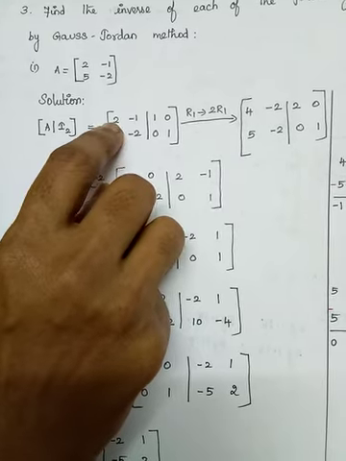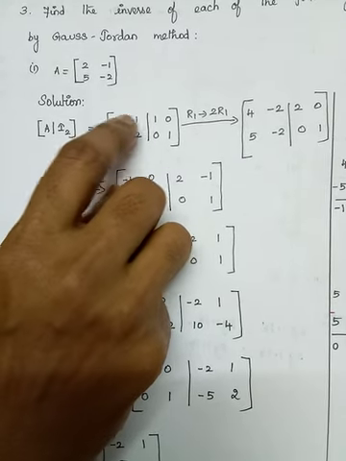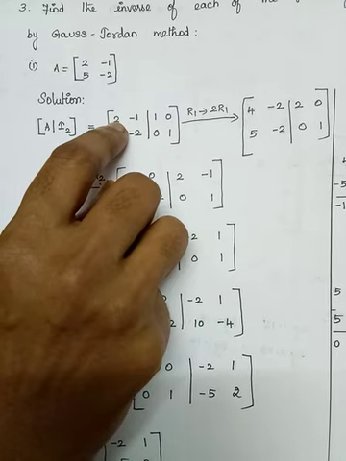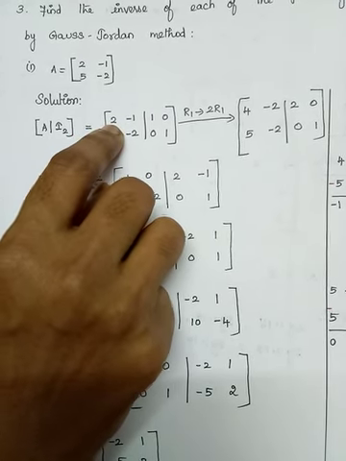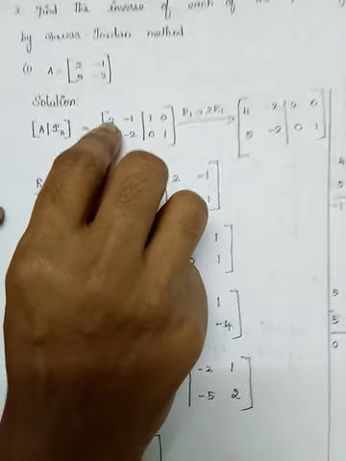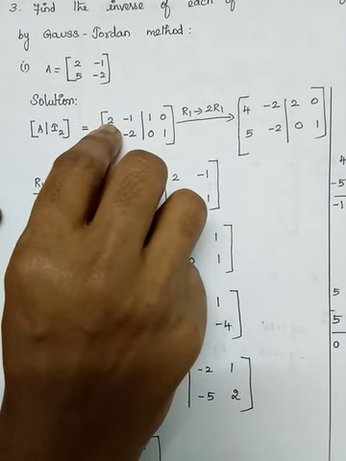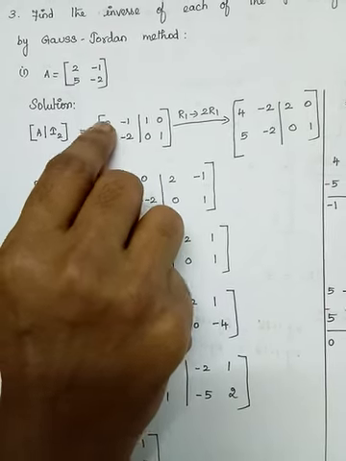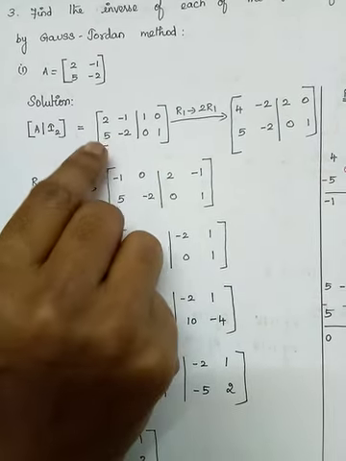In the identity matrix, the first element should be 1. Either you can divide by 2, or what I did is multiply this element by 2 so that you get 4. Then I'll do the subtraction and get 1.